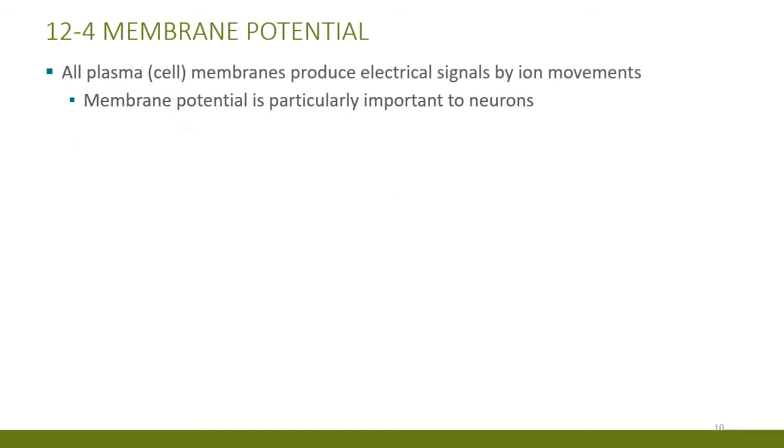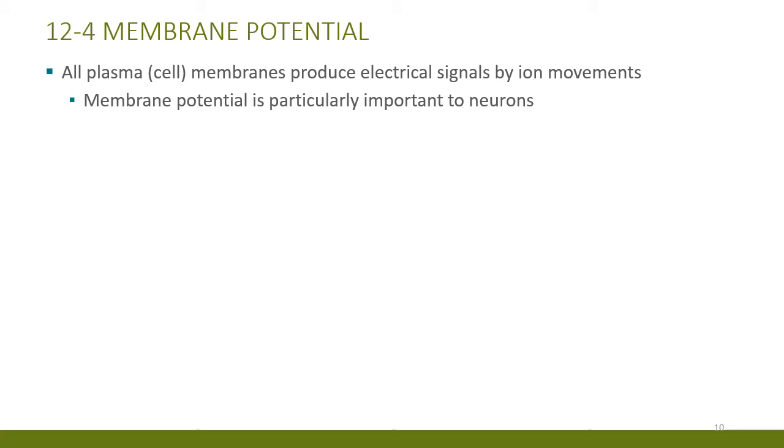Now, we're going to review the plasma membrane potential. We've talked about this, that every cell in the body has a resting membrane potential, and the cell membranes produce electrical signals by ion movements. That's how the nerves work. At rest, there's no electrical signal going anywhere.